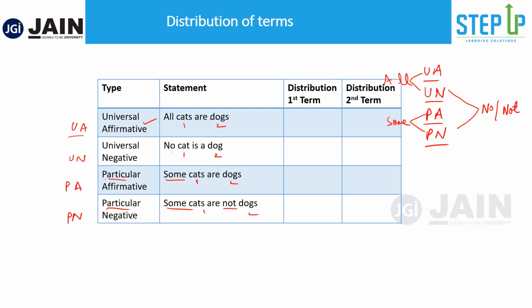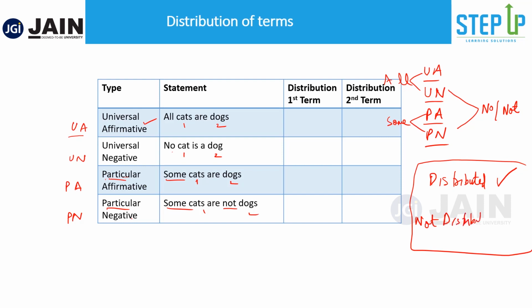Now there is something known as distribution of the statement. For simplicity, we will assume that if something is distributed, we will consider this as a tick mark. Something that is not distributed, we will say this is a cross.